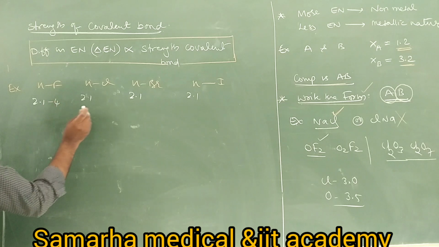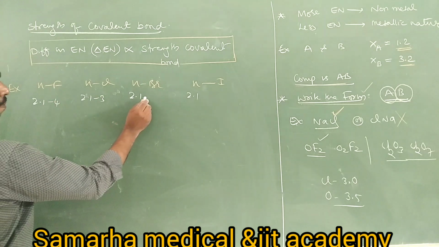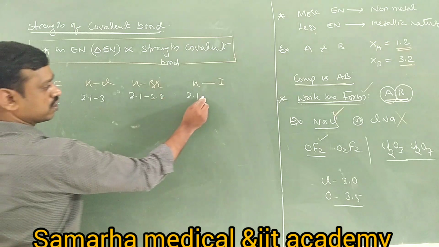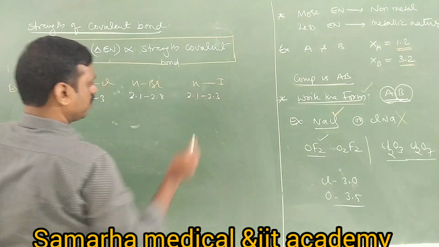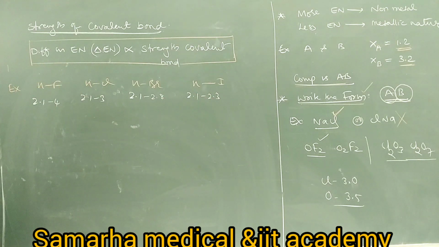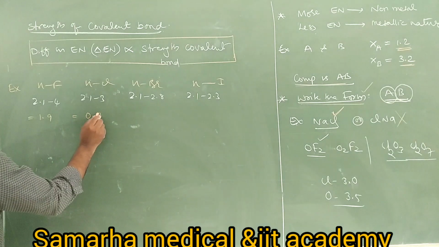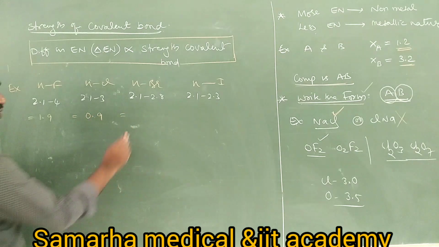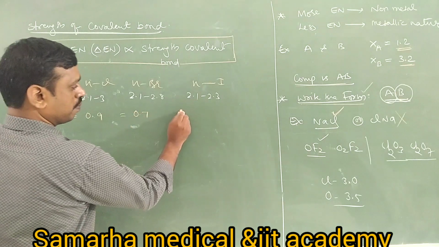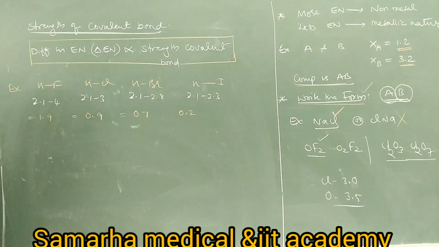It is 4, then 3, 2.8, 2.3. Tell me what is the difference? 1.9 here, 0.9, 0.7, 0.2. Tell me where the difference in EN is more? HF. That means the HF bond is a strong bond.